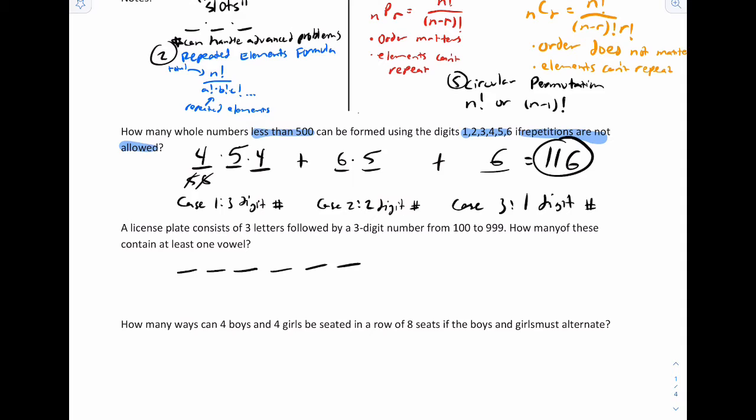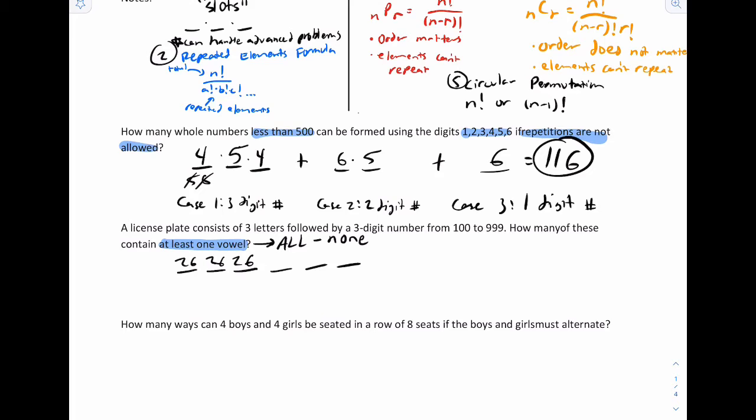But then you're also going to notice at least 1 vowel. So remember, whenever you have at least 1, you want to do all minus none. That's going to be your key for approaching these. So first, let's calculate everything, meaning there is no restriction. It doesn't say anything about repeating, so we're just going to put 26, 26, 26, because that's every letter.